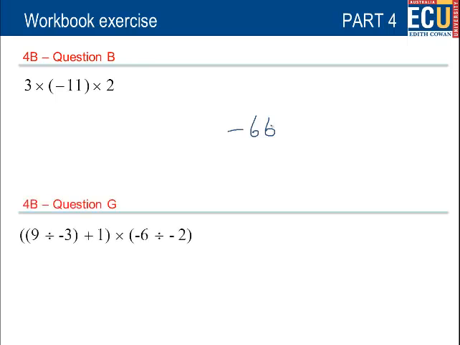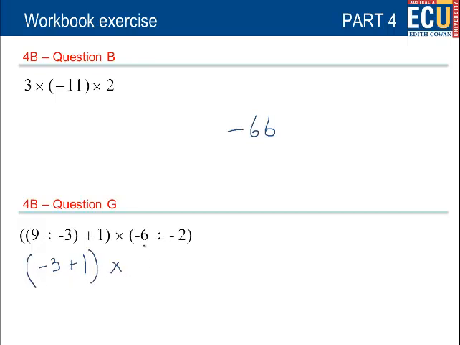Let's work through exercise 4B, question G. You will notice in this example there are 3 negatives. So let's see what our solution will be. We must first work within our brackets. 9 divided by negative 3 equals negative 3 plus 1. So we'll just keep that in brackets for now.